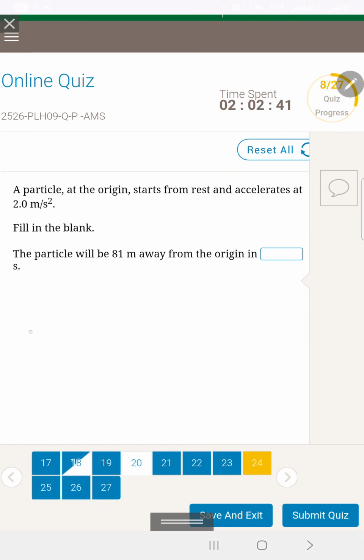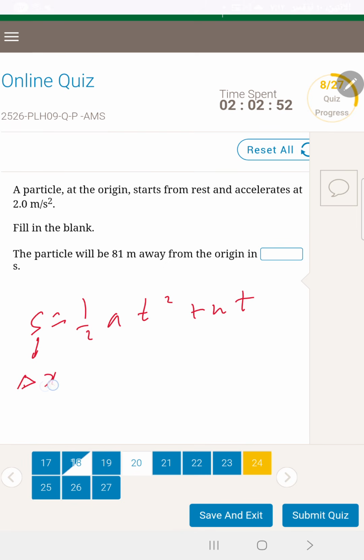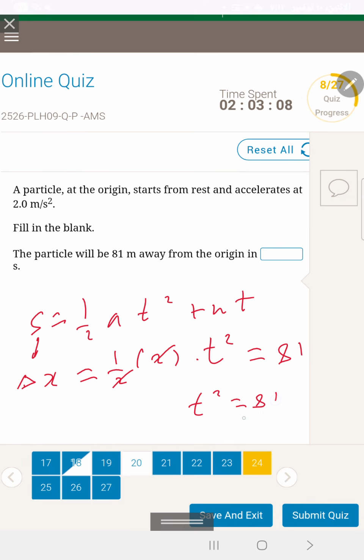So you can use S equals half a t squared plus ut. S means delta x, you can write it as delta x or s. Half the acceleration is half times 2, times t squared. That's what we have to find, and we are given that delta x is 81. You can cancel 2 and 2. t squared is equal to 81, so t equals 9 seconds.